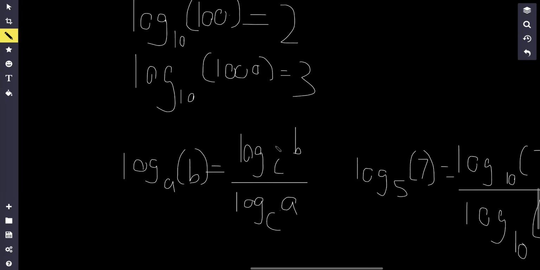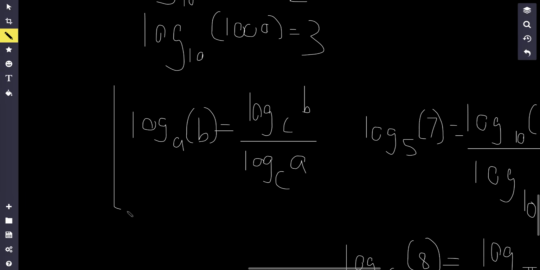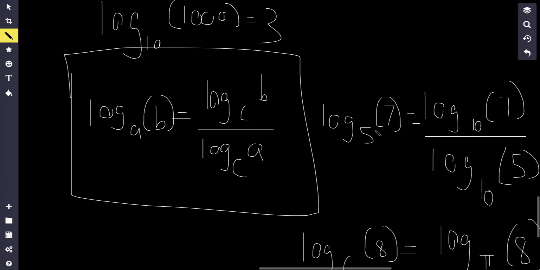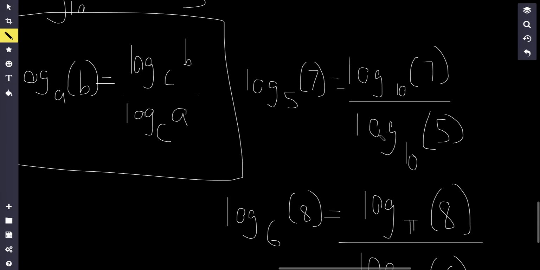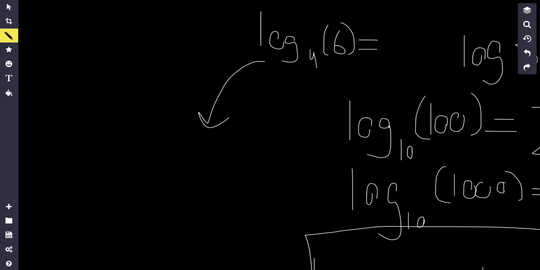So the change of base formula is very useful because it allows you to convert from a base that looks pretty bad to a base that might be better suited for the problem. And so I'm able to turn log base 4 of 6 into any sort of base I want for this problem.